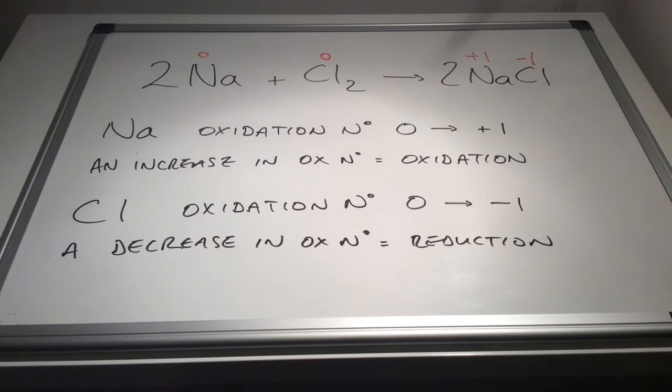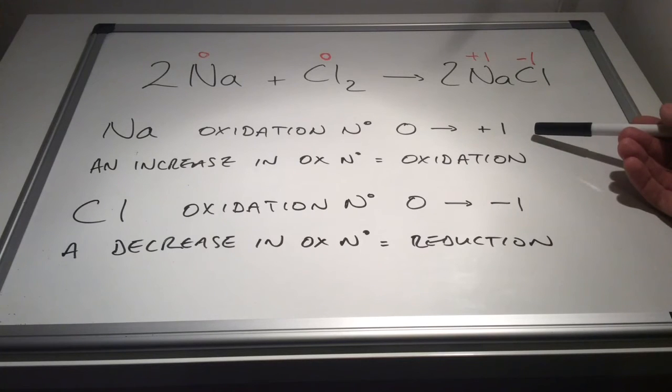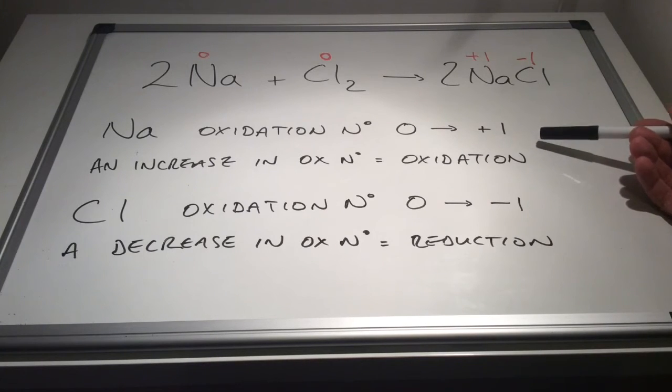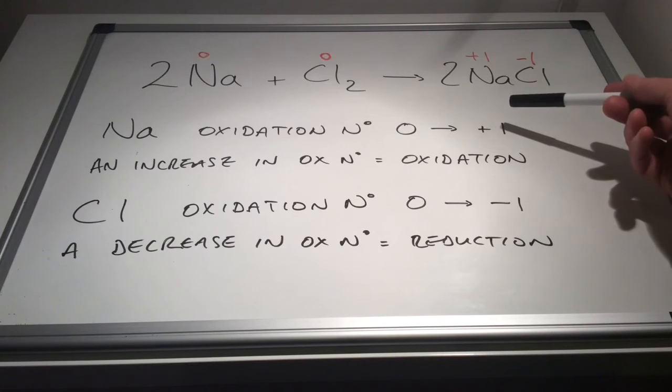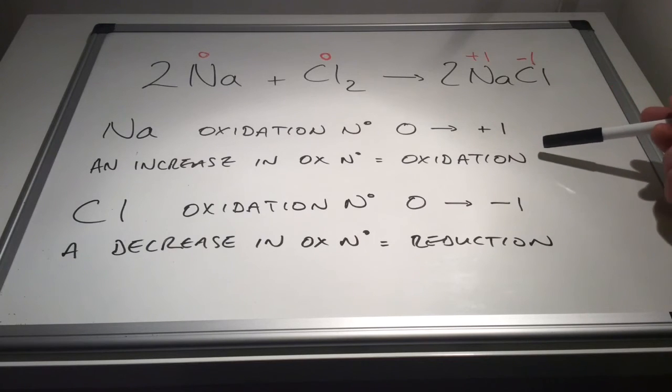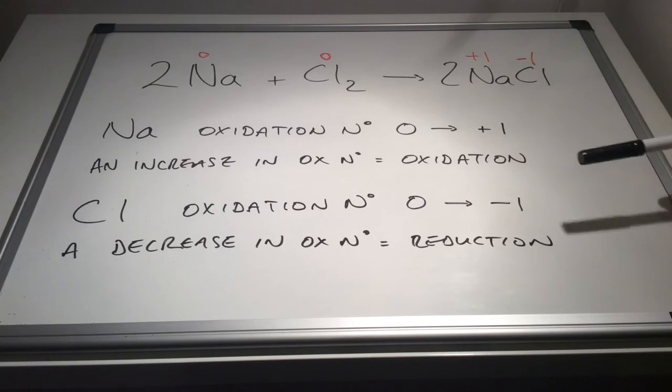So that's why reduction is the gain of electrons or the decrease in oxidation number. And obviously it's the opposite way around for oxidation. If you want the oxidation number to increase, to become more positive, then obviously you've got to lose negative character, and the negative character is the electrons. So to lose electrons will make an oxidation number increase. So that's how the two are linked together.